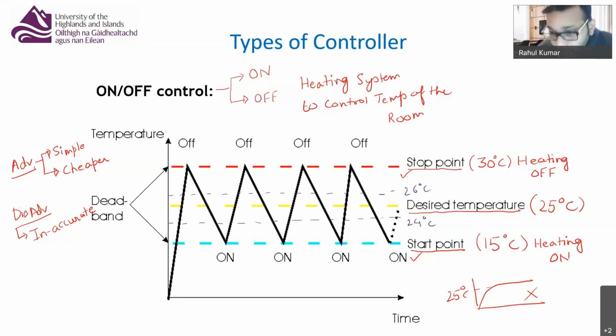You can do that, but the problem in reducing the dead band is that if your dead band is quite close to the desired temperature, or this band is very narrow, then your controller will turn your system on and off very quickly, right?